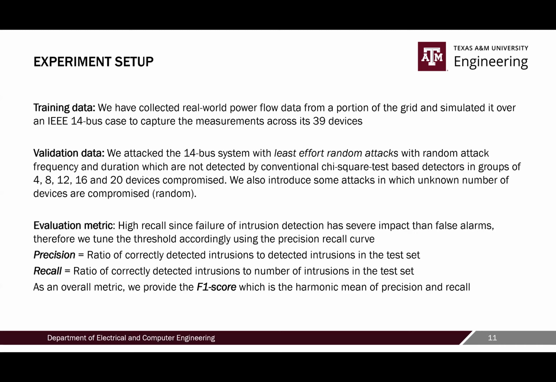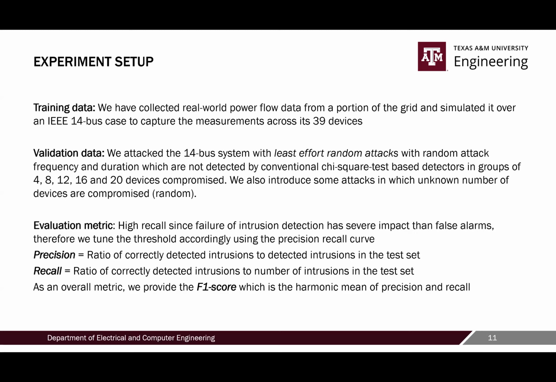In the evaluation of the results, what this paper was doing is wanting to have a high recall. What this means is that the evaluation metric was tuned so that we don't want to miss any attacks.